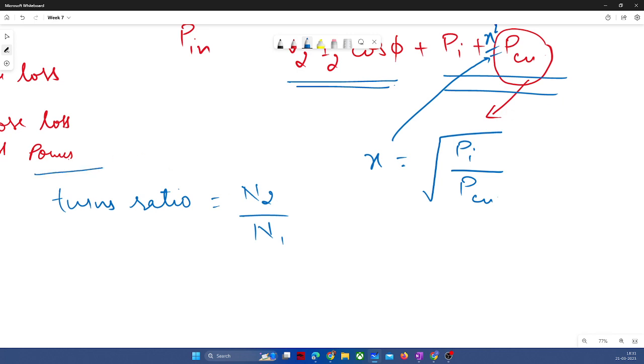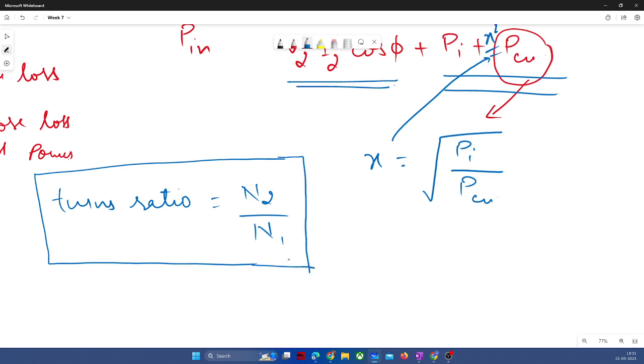So for this course particularly, I would recommend that you follow this trend only. If turns ratio is written somewhere without mentioning anything, understand that it is talking about N2 by N1. And all terminologies are the same: transformation ratio, turns ratio, whatever you want to call it, right?